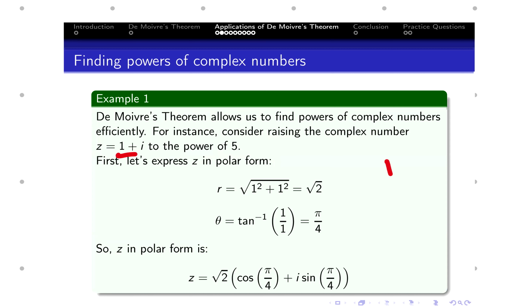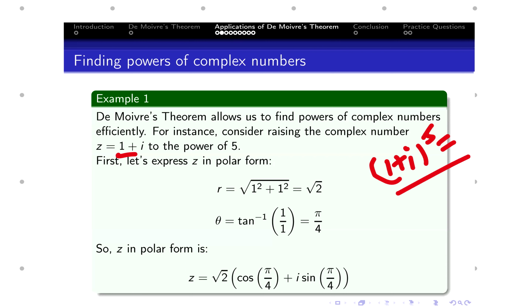Of course, we can do this using binomial expansion, but the deal is that it will not be efficient. Maybe 5 is easy to handle, but what if the power is like 15? That'll be a lot of trouble. But with De Moivre's theorem, we can do that so efficiently.